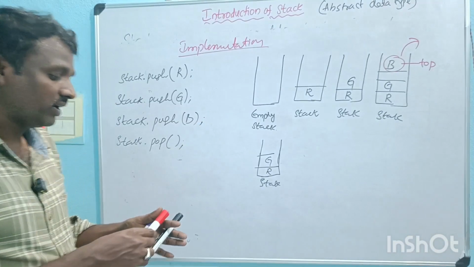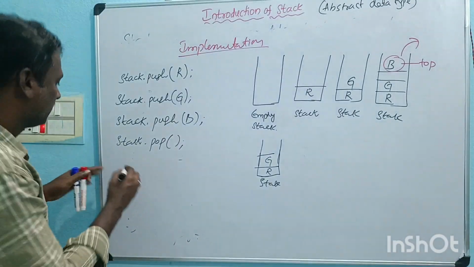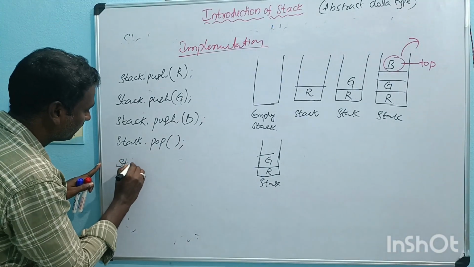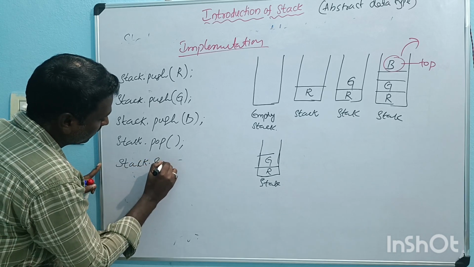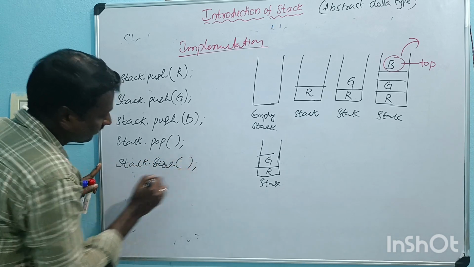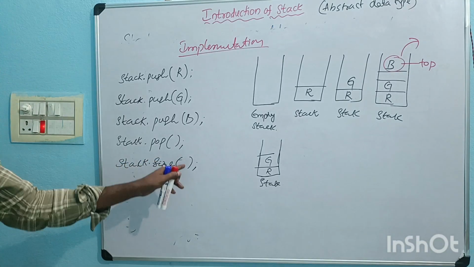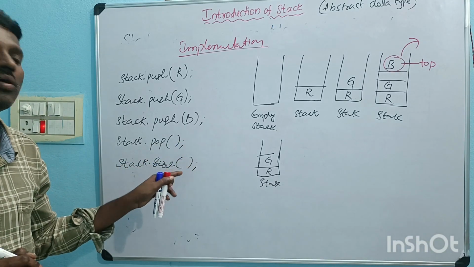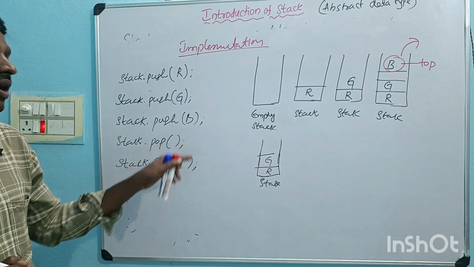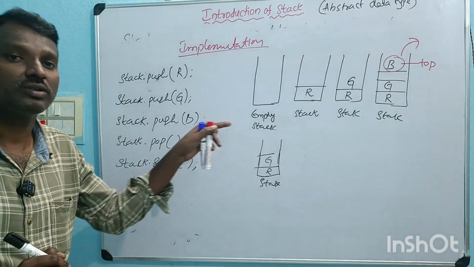Now I want to find how many elements are available in my stack. At that time we write a small query, a new operation, stack dot size. In the brackets we mention the name of the stack. It will reflect how many elements are available in that stack.